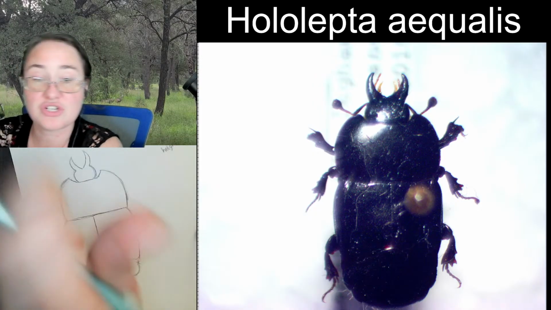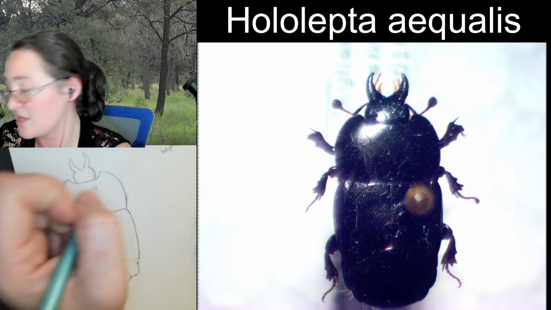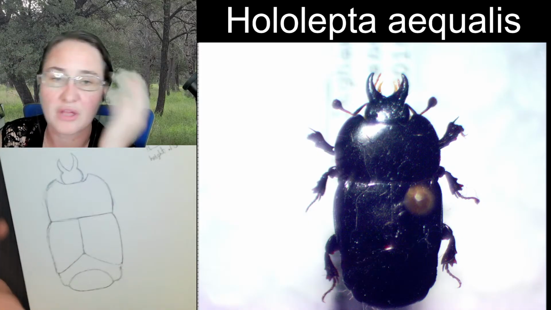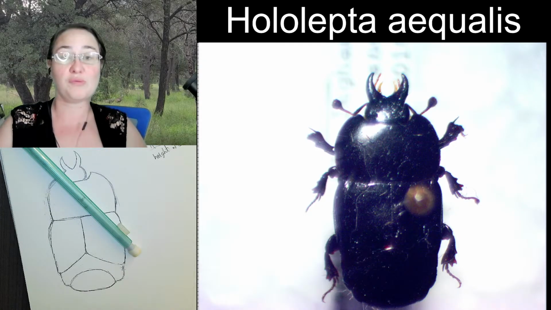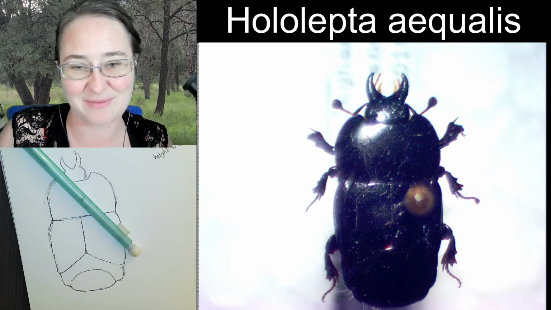And then you do have all 3 of those legs, but because those legs are fairly visible, we're not going to sketch those in. Let's zoom into the head and see what it looks like. Check out some mandibles and stuff.